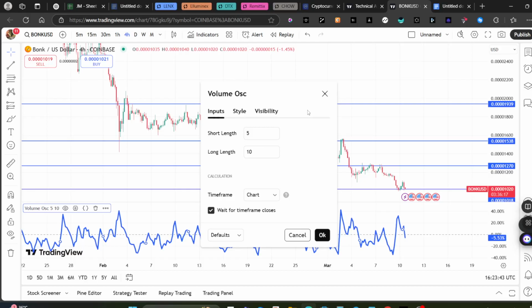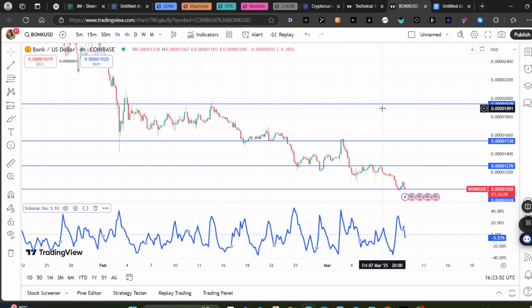Now, before we finally wrap up, let's talk a little bit about risk management. Irrespective of the strategy that you are using, risk management is paramount. Ensure that you always pay attention to good risk to reward ratios. Do not trade with an amount that you cannot afford to lose. Do not risk more than 2% of your account balance in a single trade.